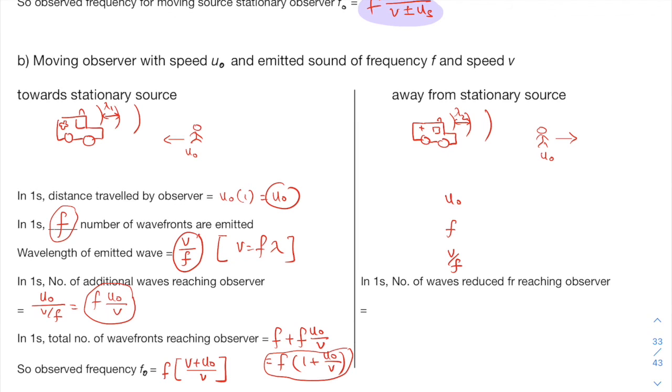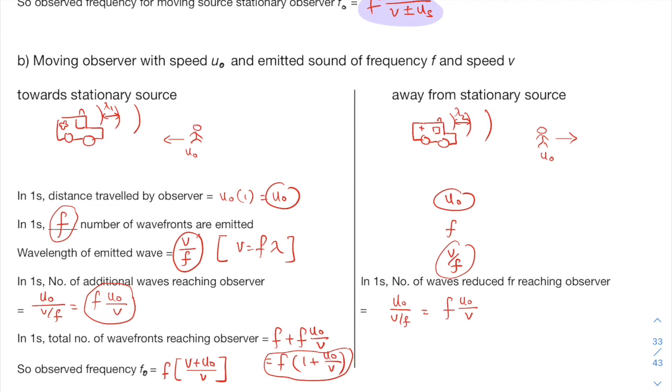Earlier, because the observer was moving towards the source, there were additional waves. Now the observer is moving away from the source, and therefore is escaping from the incoming wavefronts, so fewer waves reach him because he's walking away. In 1 second, the number of waves reduced would be this distance u_o divided by this wavelength v over f, so it will be f u_o over v.